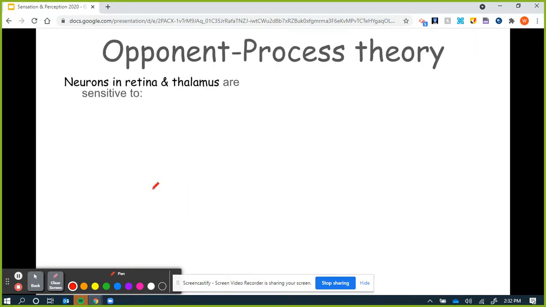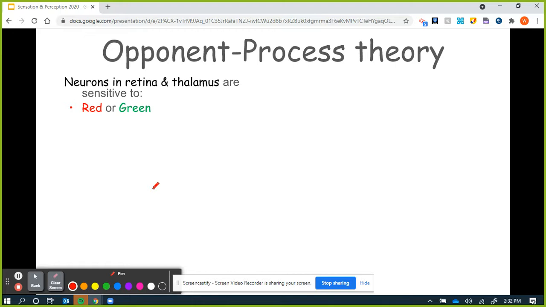All right. The other theory explains what happens after these cones pick up wavelengths: they activate bipolar cells, and then these bipolar cells, these neurons, send the light signals, and this is where it has turned into a neural message.